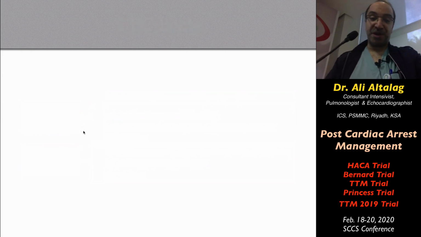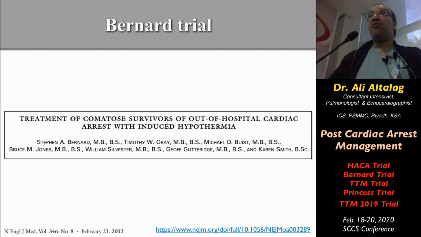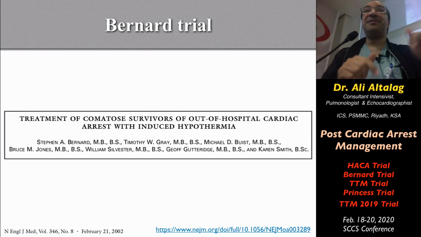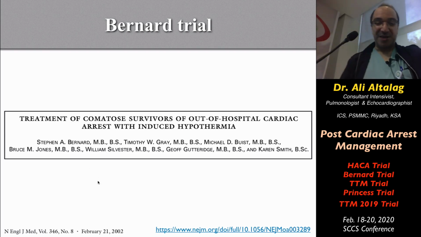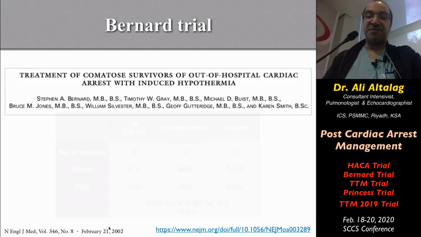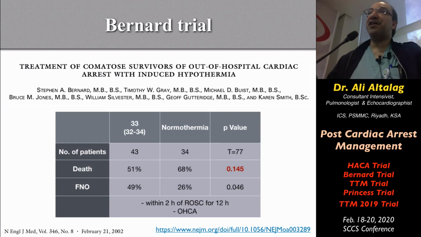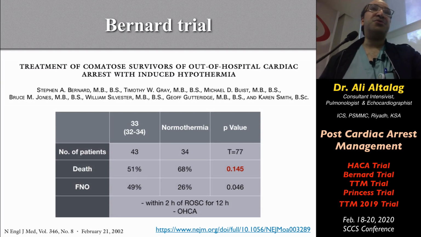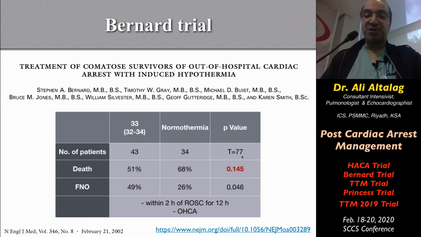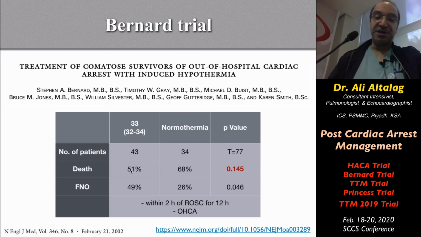Now, moving from the HACA to the Bernard trial, which was published amazingly in the same journal and in the same issue. That was February 2002. But you could tell from the two studies that the Bernard trial is far more inferior compared to the HACA trial. The total number of patients only 77. Again, same temperature range in the study group, normothermia in the control group.